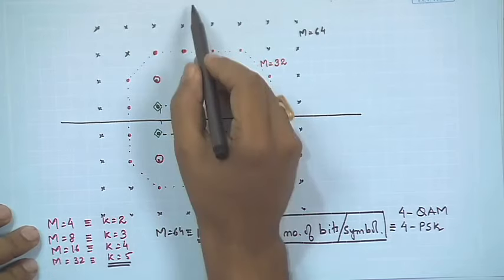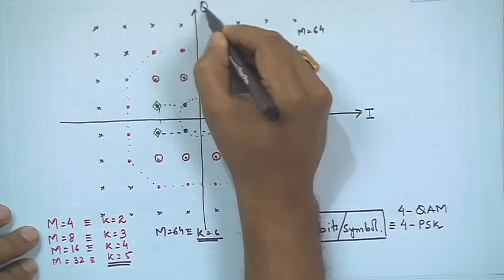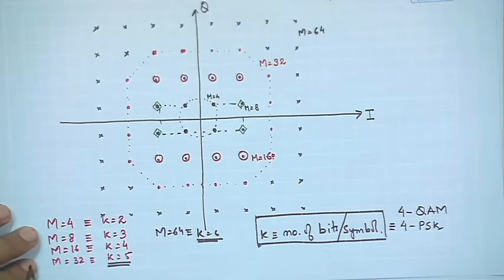Moving further, if we look at the constellations that we have discussed, we see that even QAM is two dimensional. One is the I channel, one is the Q channel.